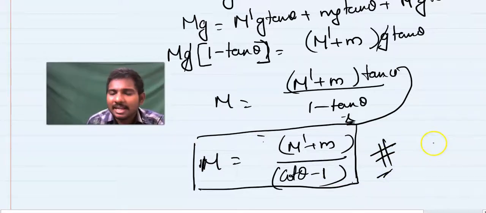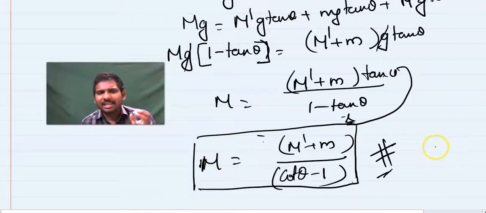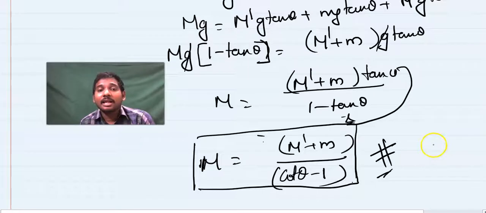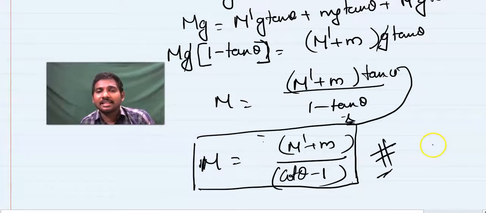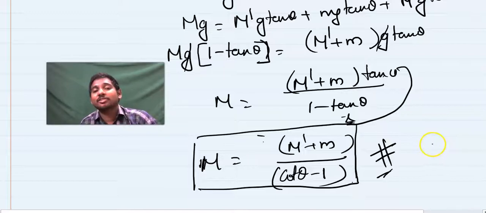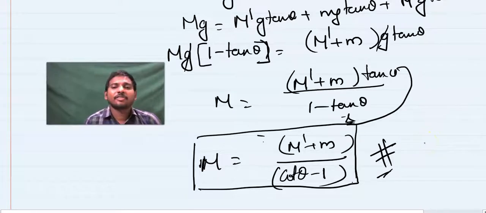So like this, whenever there is an accelerating frame of reference, our perception becomes simple if we are sitting on the particular body or system. Then if we are accelerating, there is a pseudo force that comes into the picture, and the direction will be opposite to the direction of the acceleration of the frame of reference, and the magnitude will be mass of that observed object into acceleration of the frame of reference.